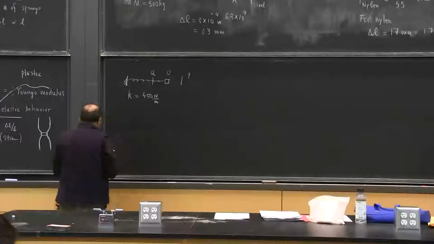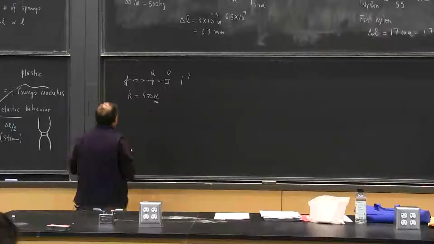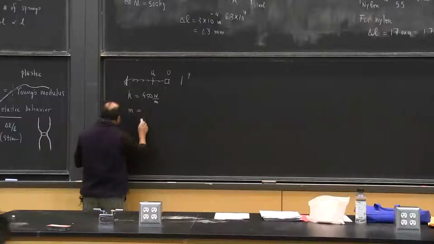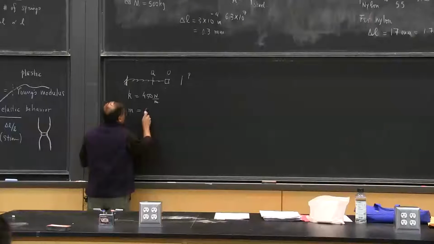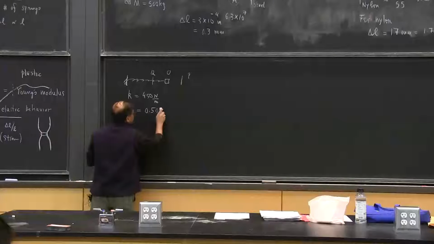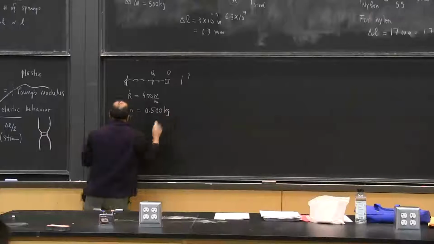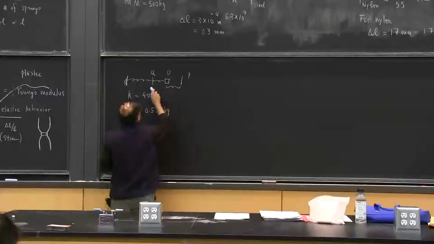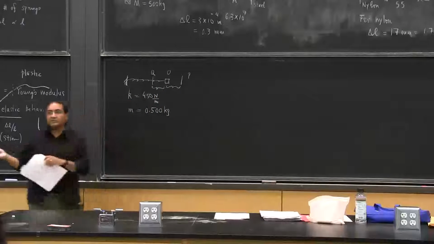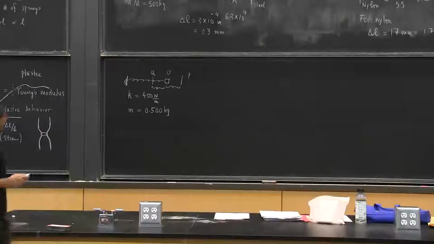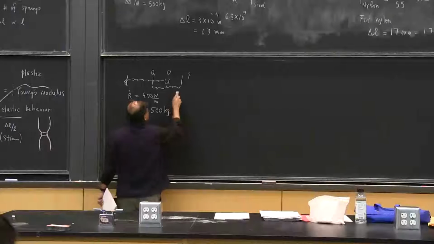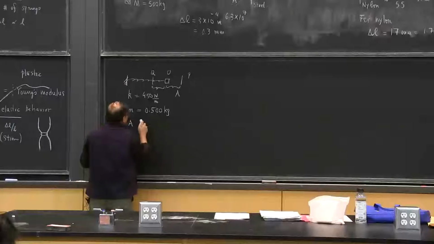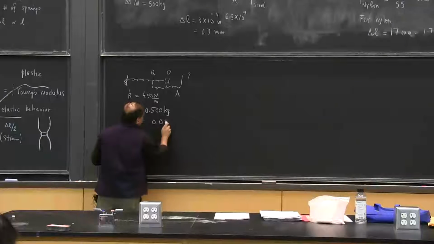It's a typical number. Spring constants can be quite large. The mass, which effectively represents the mass of the spring, is half a kilogram, so 0.500 kilogram. And let us say the amplitude, which is the maximum distance traveled to the right or to the left, call it amplitude A. So A is, let's say, 0.040 meters.